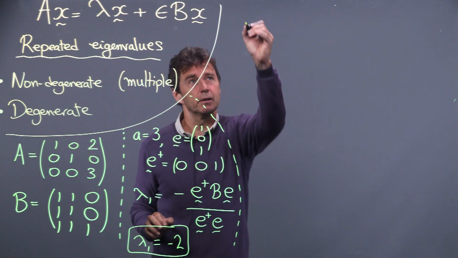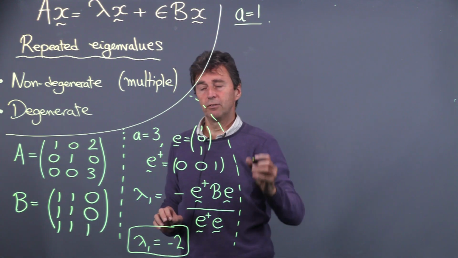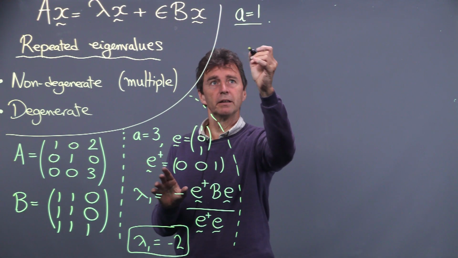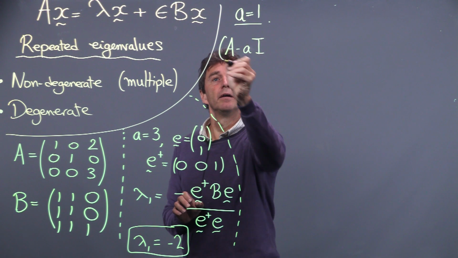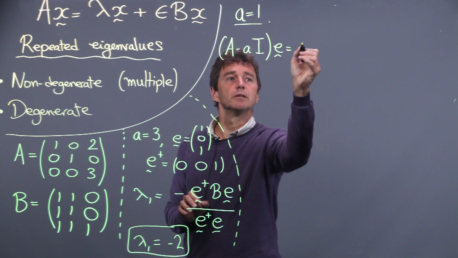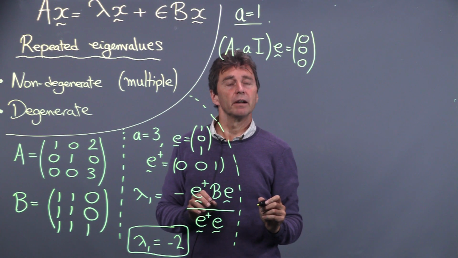So in the other case, if I choose lambda equal to 1, then I have to solve the following problem to get the eigenvector. So A minus lambda I times the eigenvector has to be 0, 0, 0. That's the computation for the eigenvector.